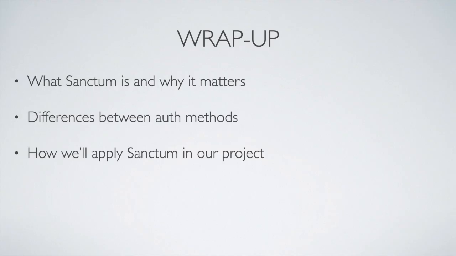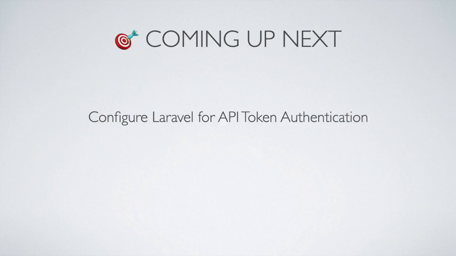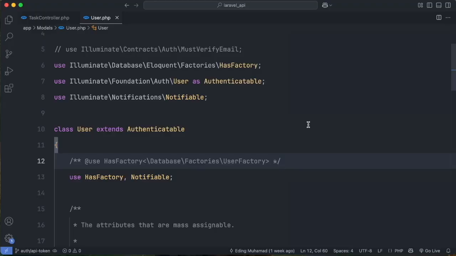So now you know what Sanctum is, why it's useful, and how we'll use it in our Laravel API project. In the next video, we'll begin installing Sanctum and setting it up step by step. Let's make our API secure. See you there.